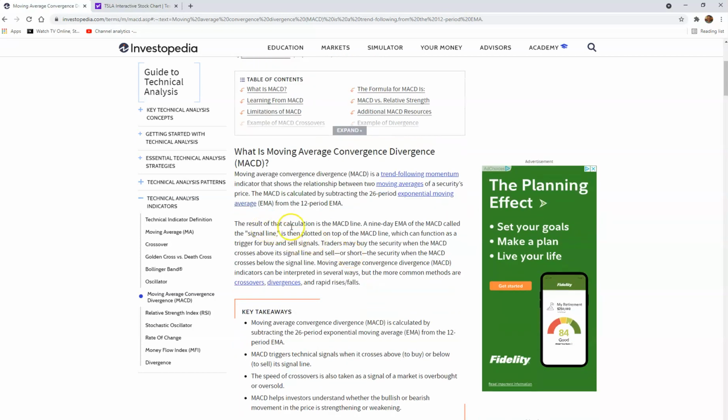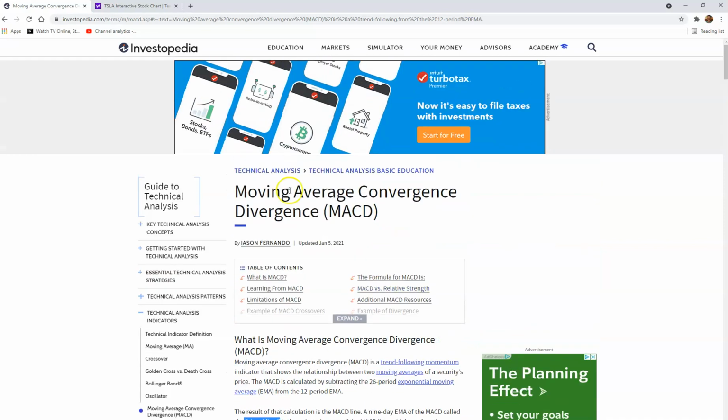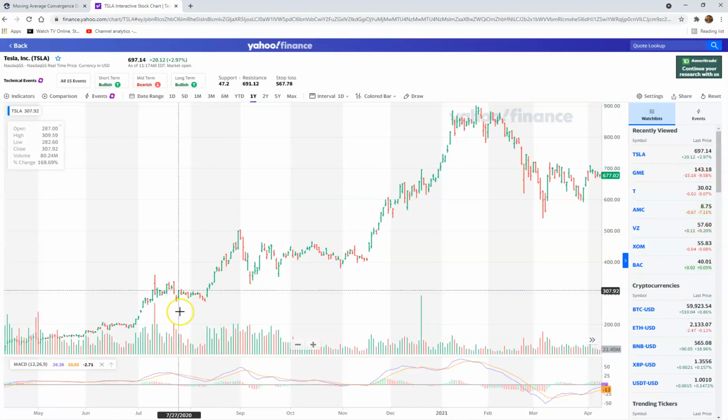Now, the result of this calculation, according to the statistician that came up with it, is basically a signal line, which tells you when is a good time to buy, a good time to sell, or if you want to make money in the opposite direction, when do you sell short, for example, or buy to cover. All right. So let's take a look at that. It's down here.